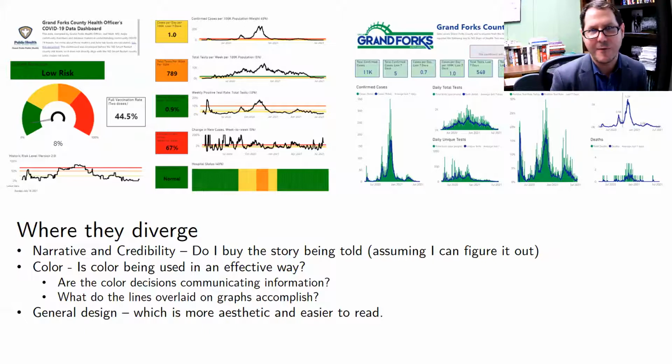I would flag, however, that both dashboards were designed for the web and didn't think about mobile. And so even though the public health dashboard could very easily be designed for mobile by saying, okay, you've got your wrapper at the top, you've got the low risk and the speedometer as the next piece, and then you have each key performance indicator as a block in your vertical scrolling page, they didn't do that.